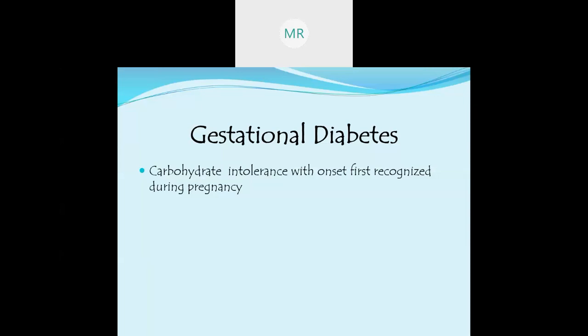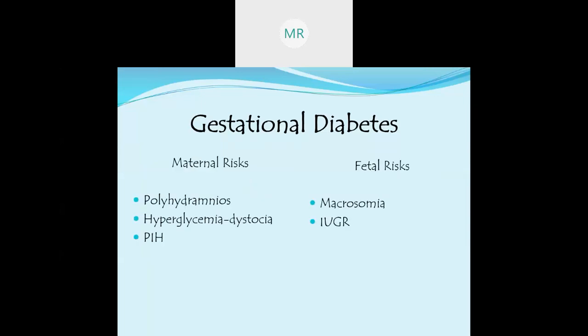Latinos, African Americans, Asians tend to be the cultural groups with more of this acquired diabetes in pregnancy, gestational diabetes. Some maternal risks are polyhydramnios, too much amniotic fluid, hyperglycemia, and dystocia, a difficult delivery, difficult labor.